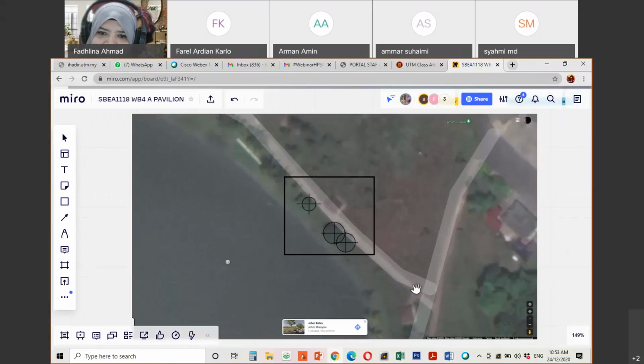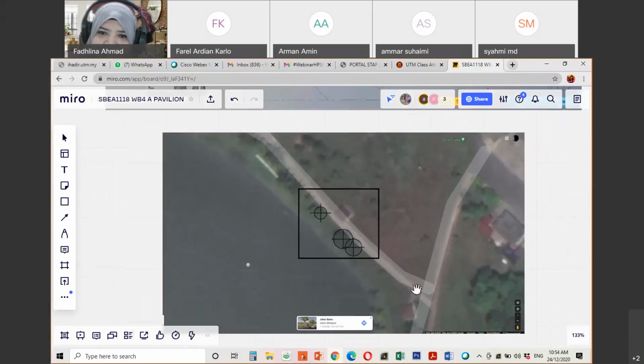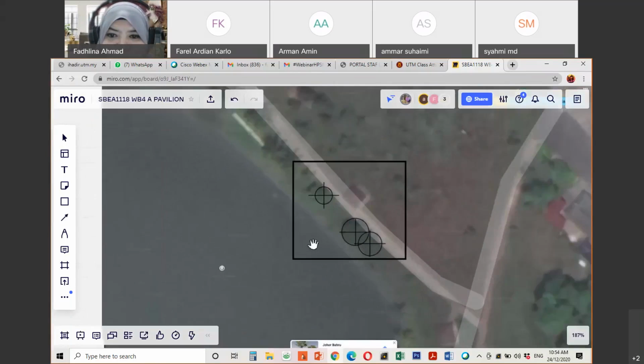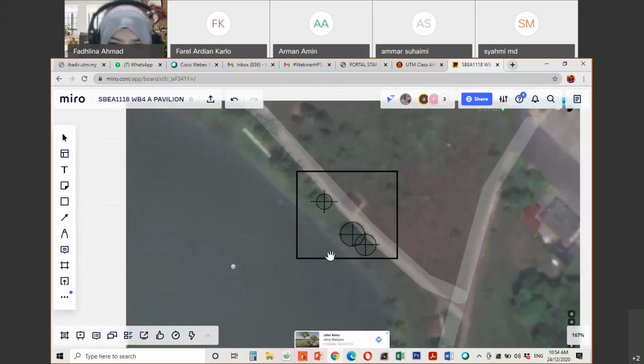So I scaled it down around the gazebo, around Site B. I also highlighted the trees on it, and you can see the path from Google Map. So you redrew from the Google Map.